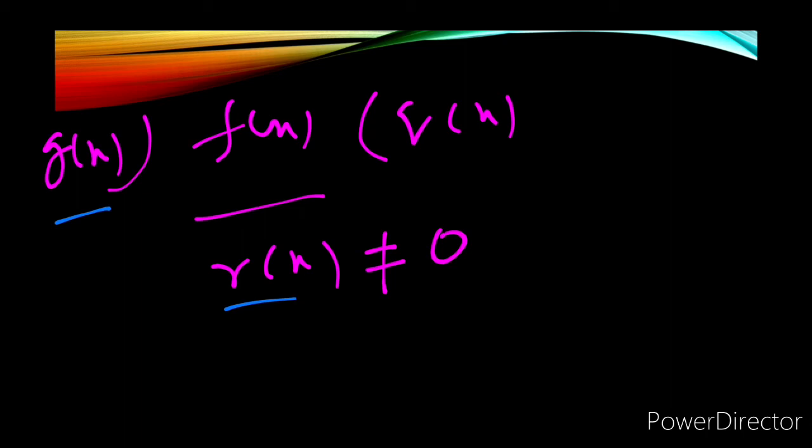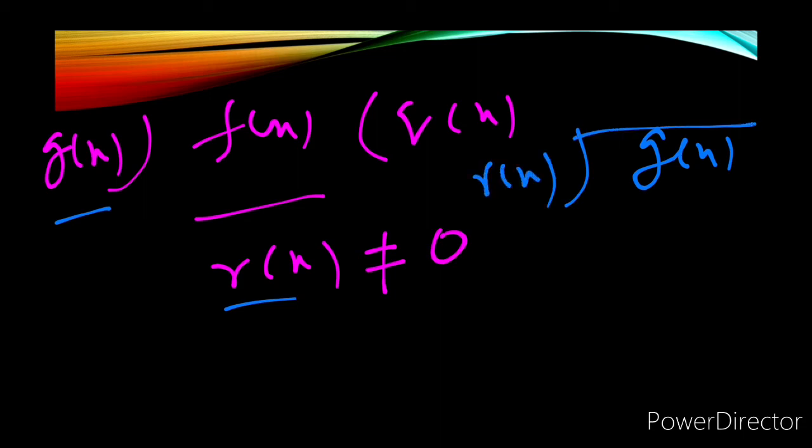We continue this process until we get the remainder 0. That is, we have to divide g of x by r of x. We get one more quotient q of x and one more remainder r1 of x.